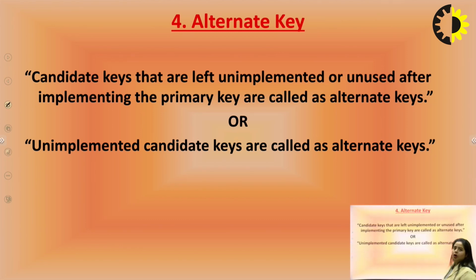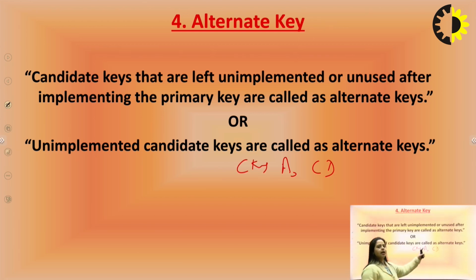Next, coming to the alternate key. What is the alternate key? Suppose we have two candidate keys, one is A, the other one is CD, and the database administrator picks A as the primary key.